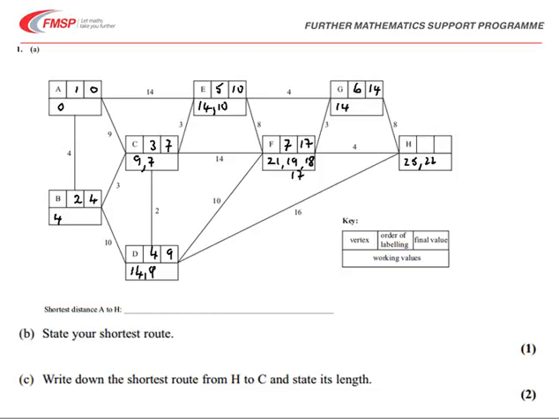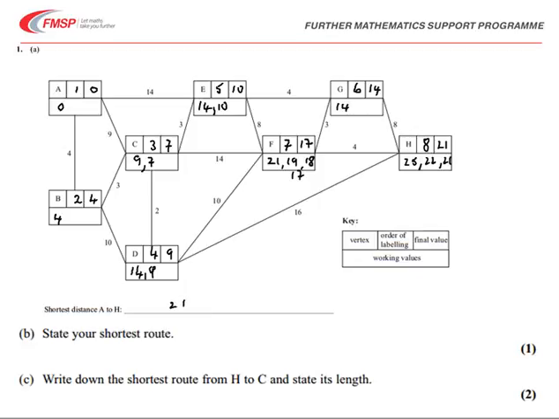So we're then left with one final point to become labelled. From F we can reach H. 17 plus 4 is 21. So we get that to be the 8th value, 21. The shortest distance from A to H is then equal to 21.